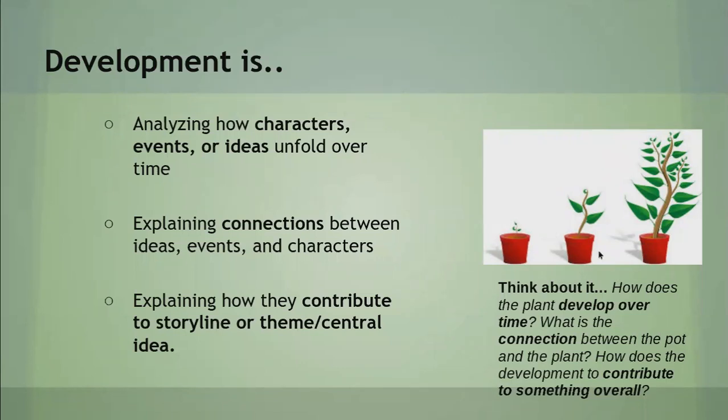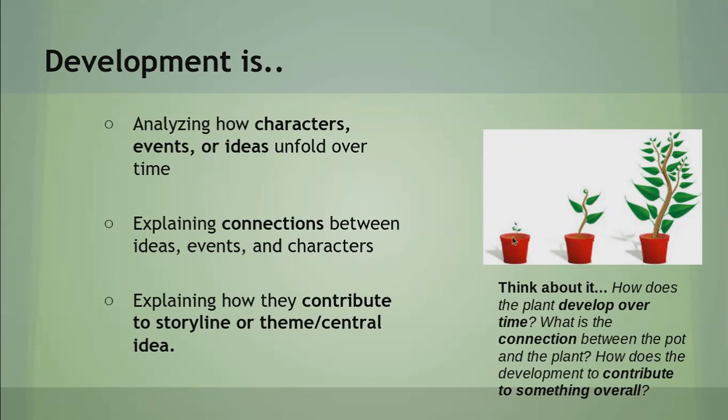So just like this plant, it develops over time, right? It starts like this as a little seedling, and then it's growing into this, and now we have the full plant here. What is the connection between the pot and the plant? How does the development of the plant, that's a little bit of a typo there, contribute to something overall?